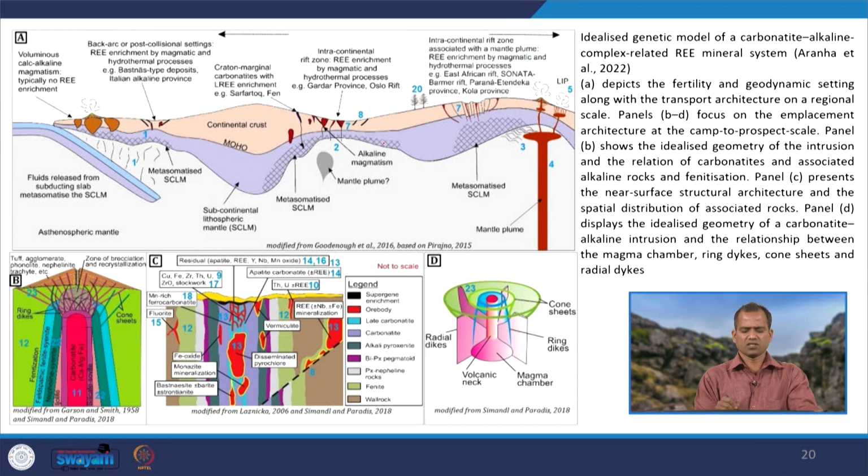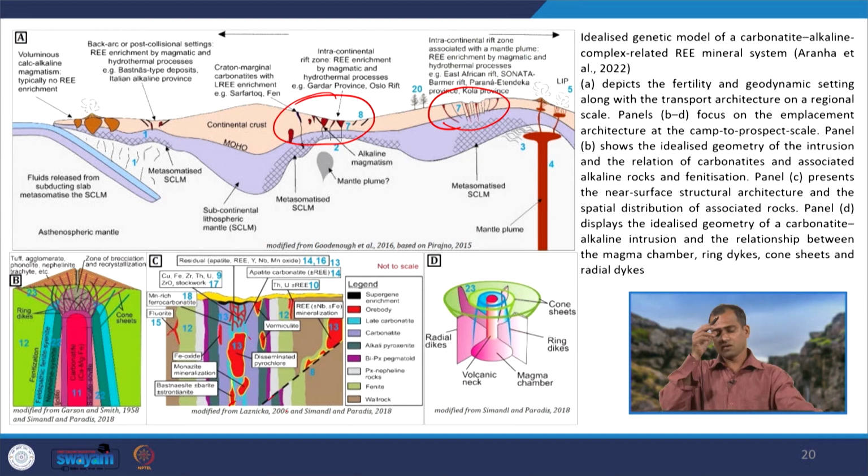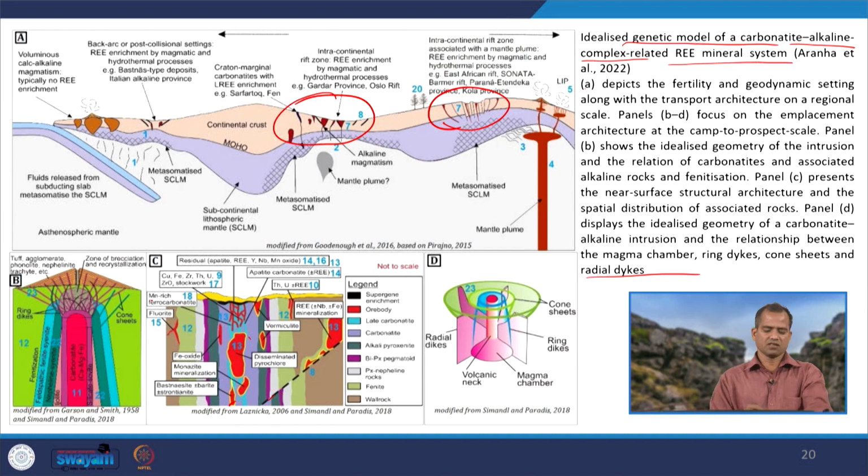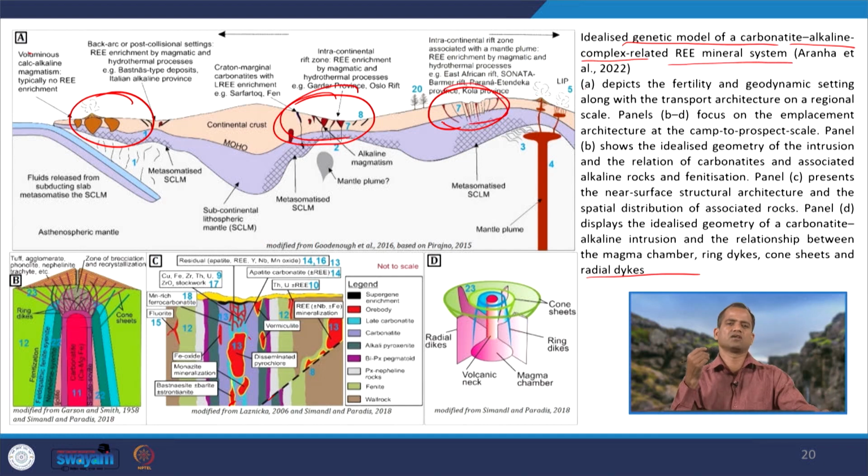It shows how the tectonics of a rift system is responsible for this mineralization at different levels. So, this is the idealized genetic model of a carbonatite and alkaline complex related REE mineral system. Here it is explained at which stage, and in which part of the basin, which mineral will be emplaced and what the timing should be.